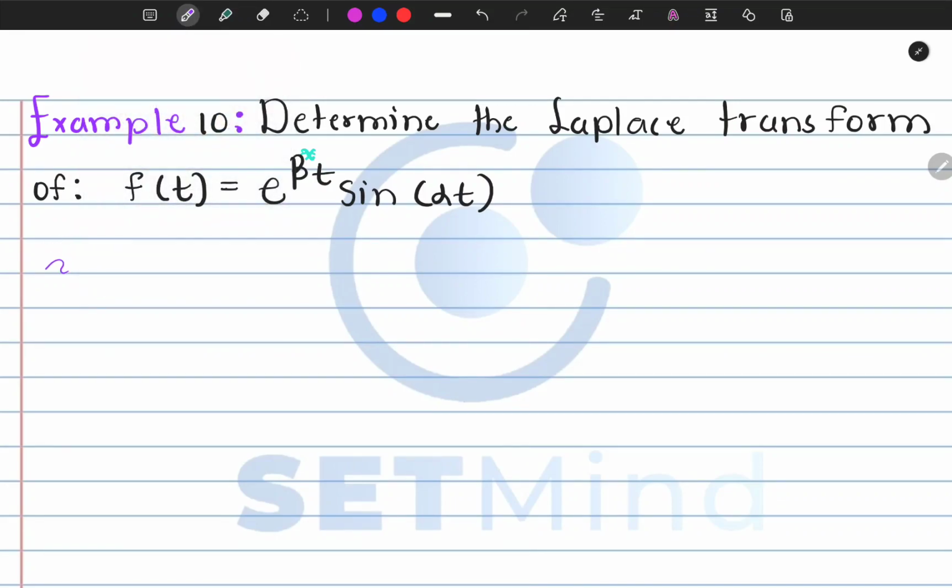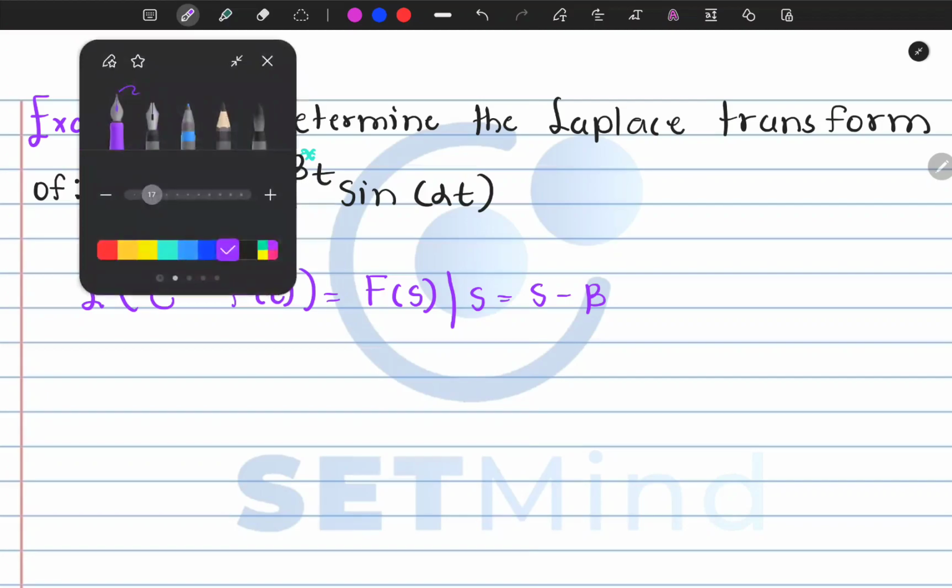What is most important, which you need to remember, is what I taught you: the Laplace transform of e to the beta t multiplying any function is the same as that function's transform, and wherever you see s, you put in s minus beta.